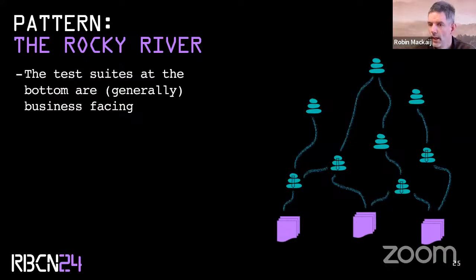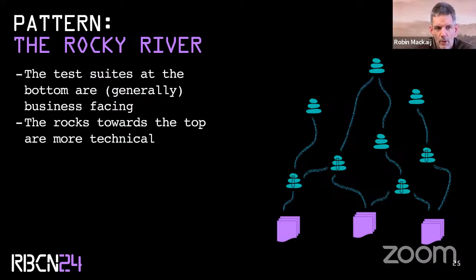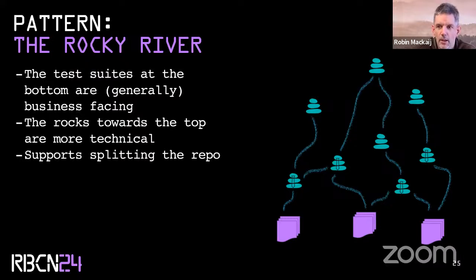But it's one way to look at it. So the rocks towards the top are generally the more technical ones, and then the ones more towards the test suites are more business facing. So those are little tiers on the rocks. So that's your business rocks.